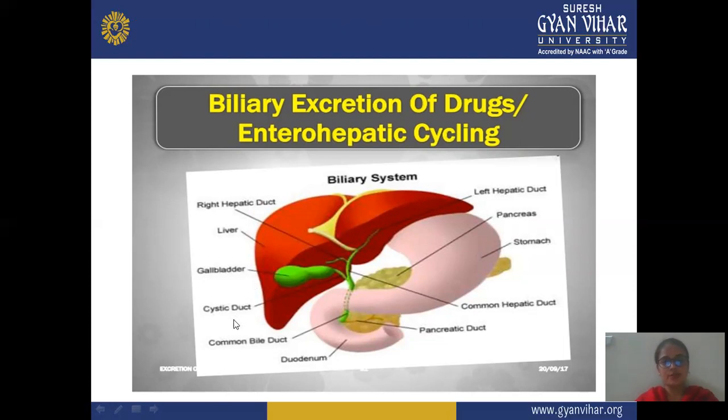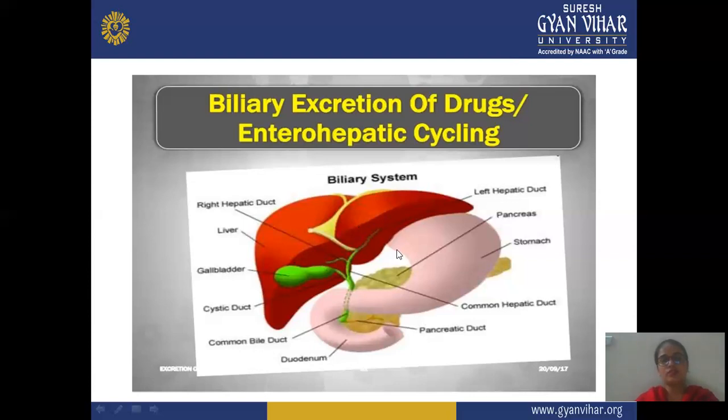Next is the gallbladder, then the cystic duct, and the common bile duct is just below the right hepatic duct. The duodenum is this part, the pancreatic duct is just near the common bile duct, and the common hepatic duct continues from here. This is the pancreas, the stomach, and the right and left hepatic ducts.